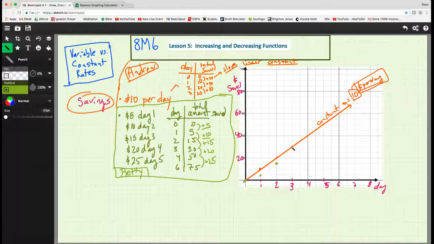After 3 days we have $30. But after 4 days now we have $50. Now we have more. And after 5 days we have $75. So let's graph this guy. I'm just going to do it by freehand here.